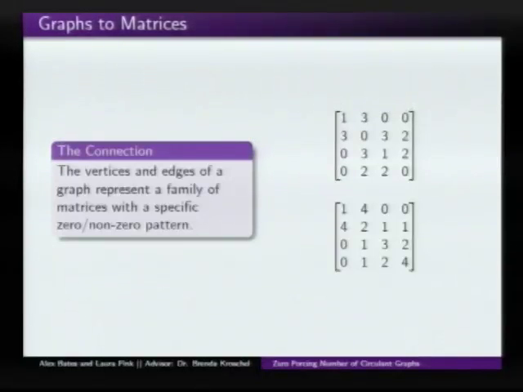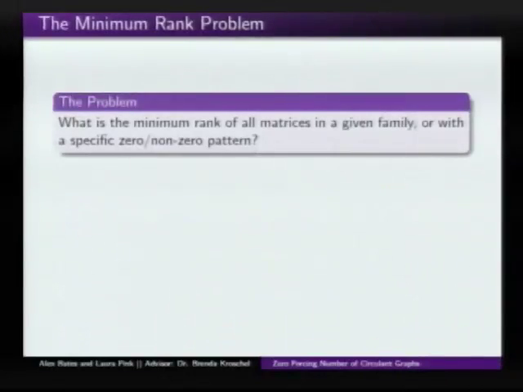We can see they have the same zero non-zero pattern, so they're both represented by that same graph. Then the minimum rank problem is stated as: what is the minimum rank of all matrices in a given family, that is to say with a specific zero non-zero pattern.